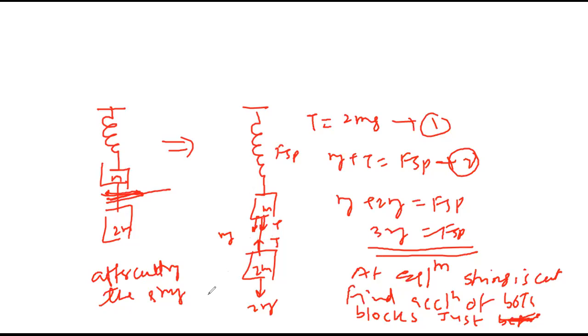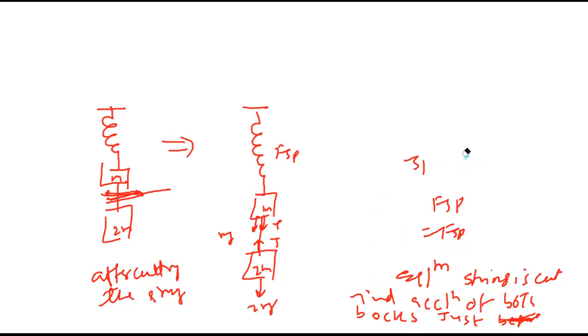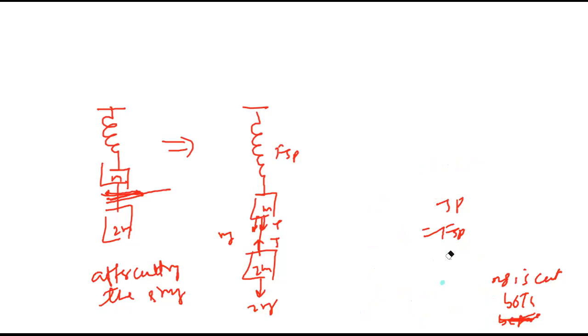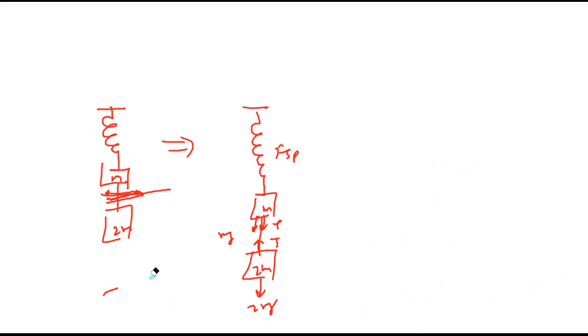Done, sir. Now, as soon as we cut the string, what will be T? As soon as we cut, tension will be 0 because there is no connection between the block and the string.